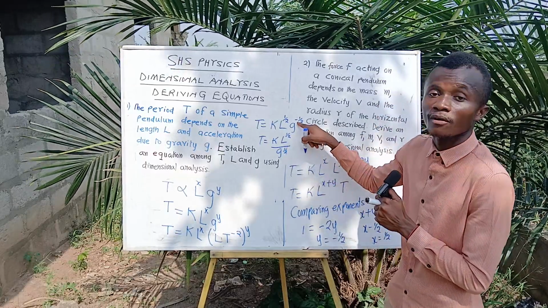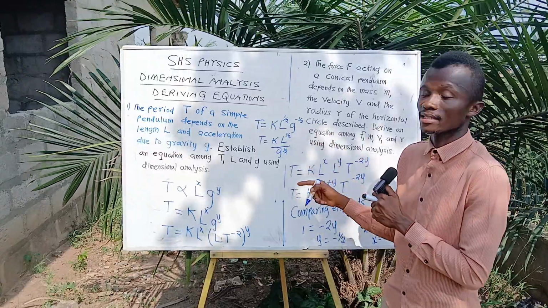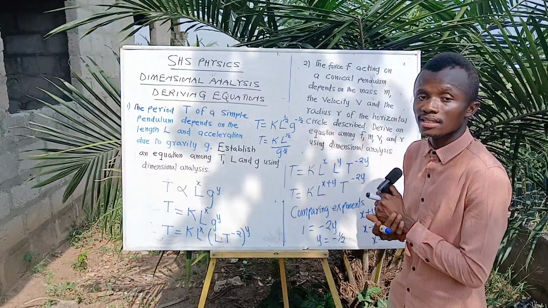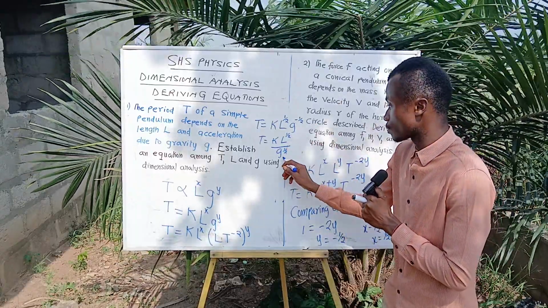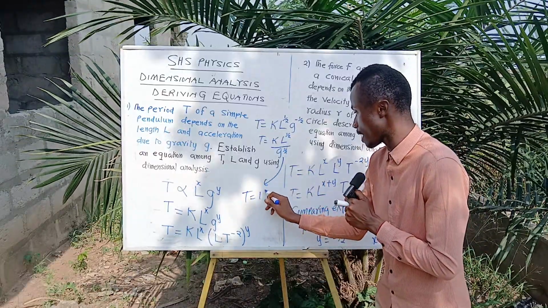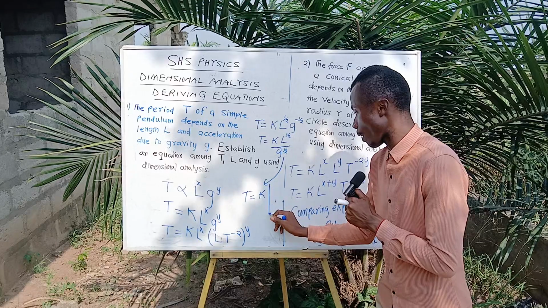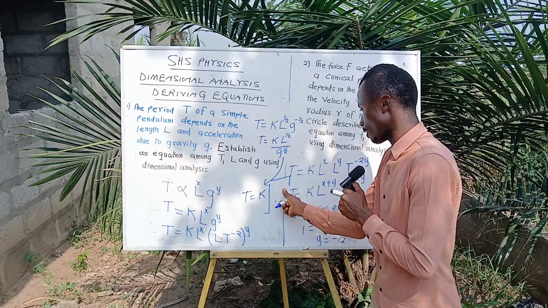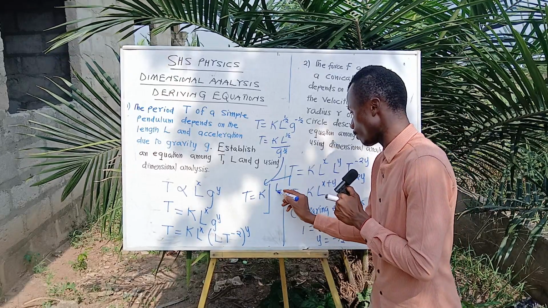To turn this negative half into positive, just reciprocate it. That's a simple arithmetic. So the follow-up equation will be t is equal to k, the square root of l over g.